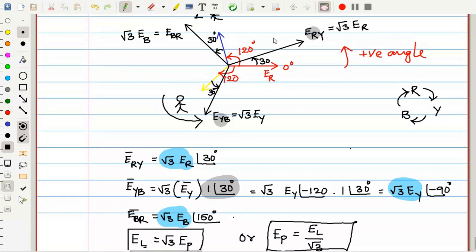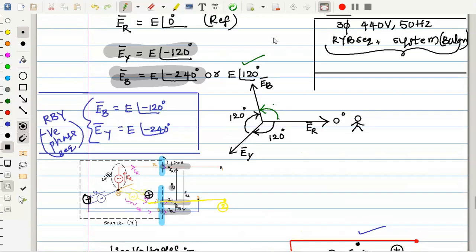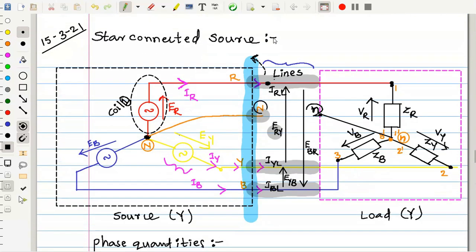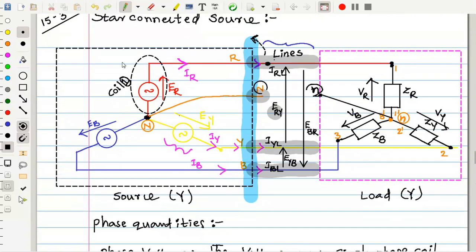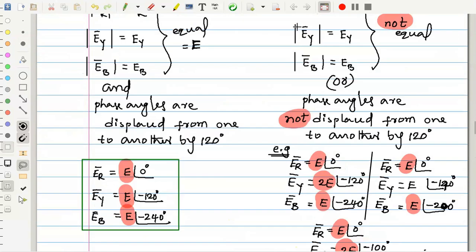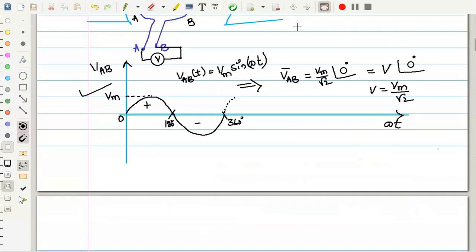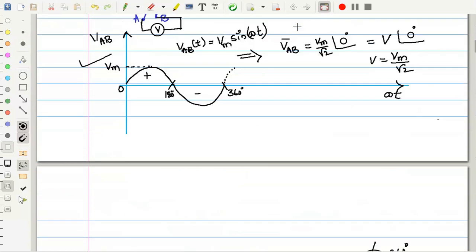Right. So now let me move on to the other part of this diagram.